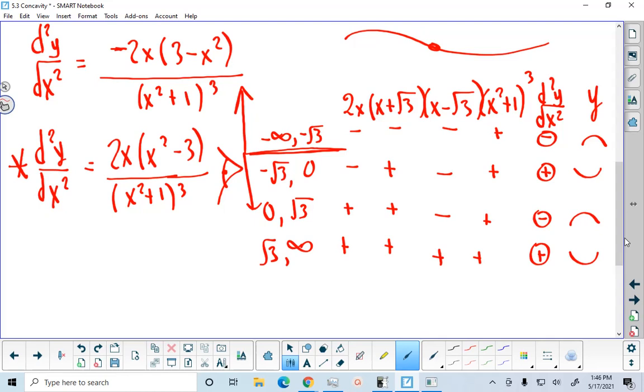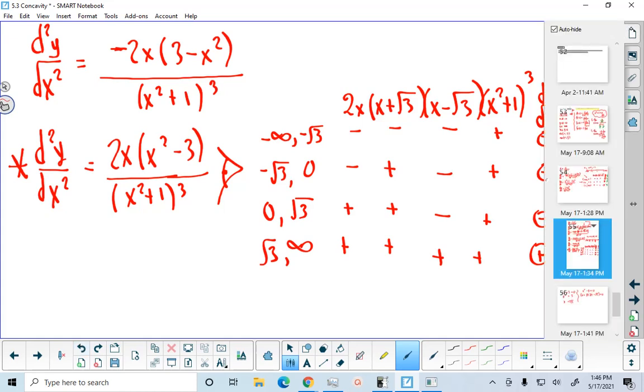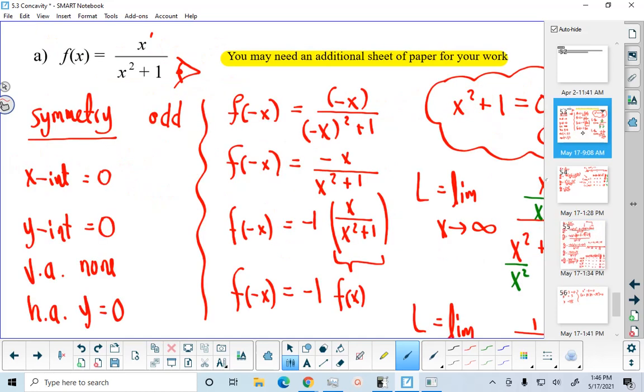And in fact, since the concavity changes at each of these three critical values, the concavity goes from negative to positive across root 3, positive to negative across 0, negative to positive across root 3, we have 3 inflection points. And we need to add that to our list of information.